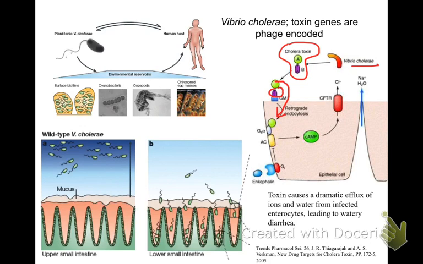And once it's in, in this case, we're going to see activation of one of our favorite enzymes, adenyl cyclase, and these cells that are now infected with toxin start producing a lot of cyclic AMP. And what that does is it results in significant loss of electrolytes and water from the intestine.